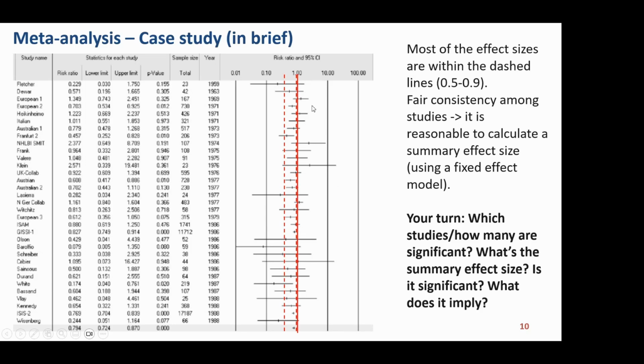So what is the European 2? Yes, is one. Tell me another one. Which one is this one? GC. Yes. Okay. So there are a couple. All those that are not crossing the no effect line. All these ones in the box.